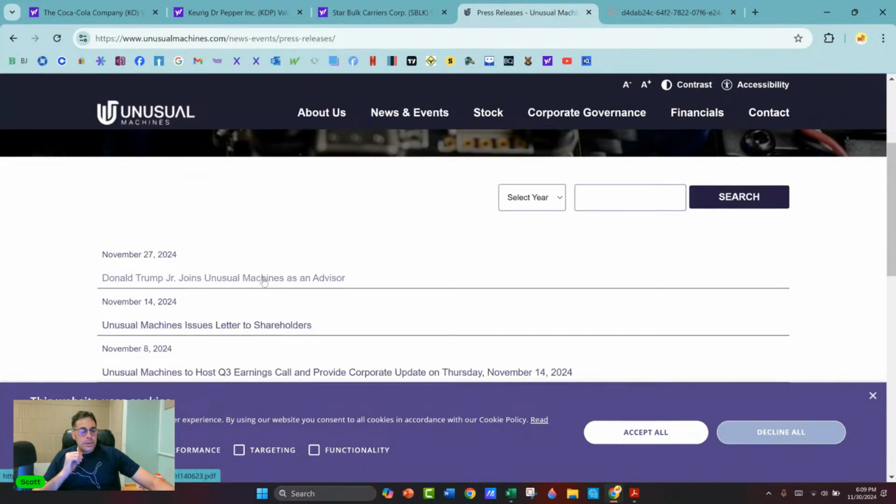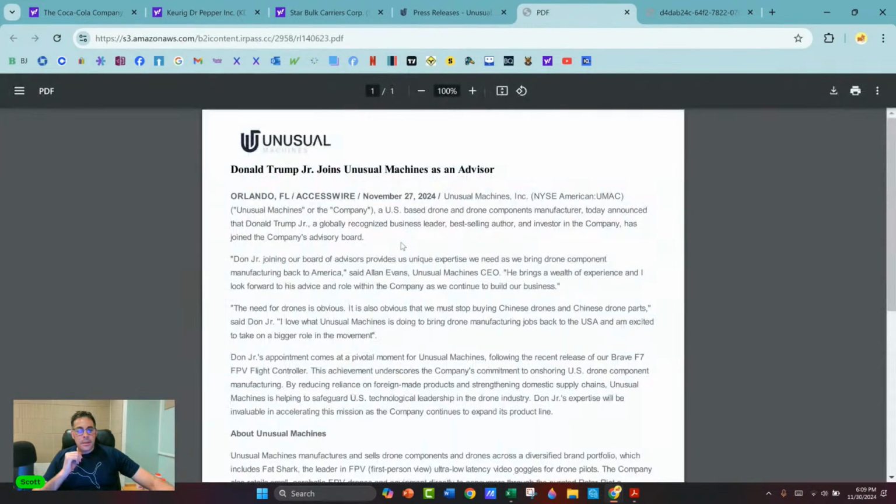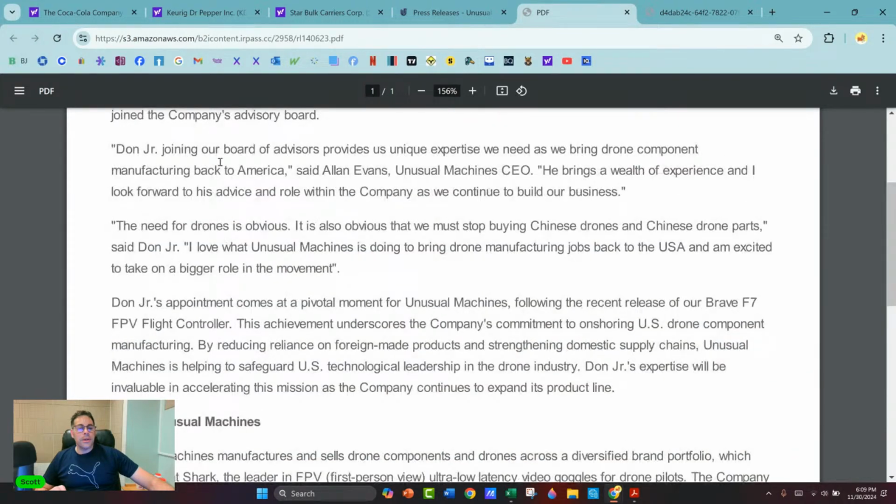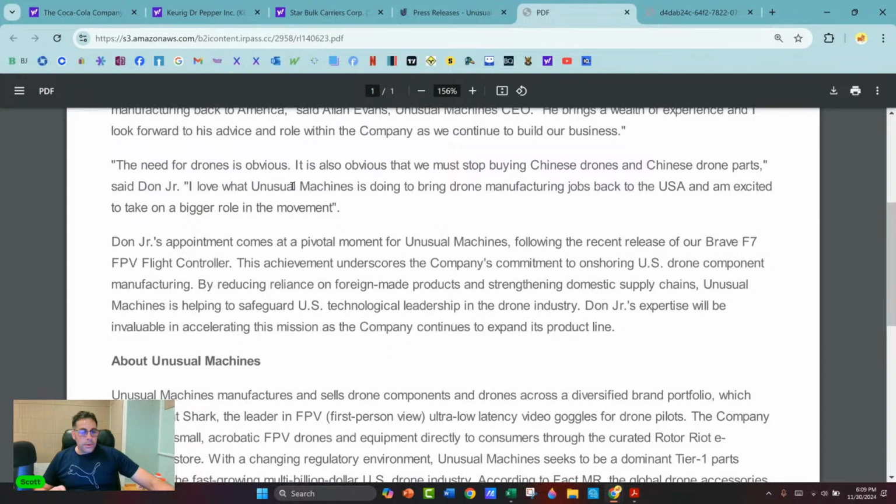Donald Trump Jr. joins a U.S.-based drone components manufacturer, today announced. Don Jr. joining our board of directors provides unique experience. The need for drones is obvious.